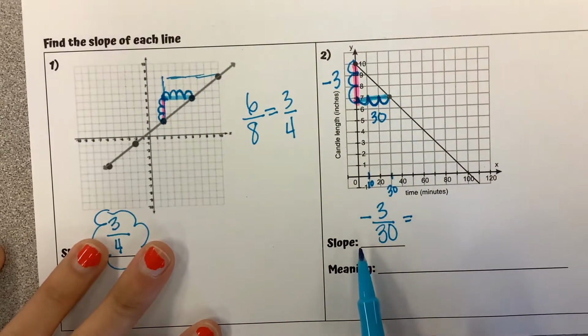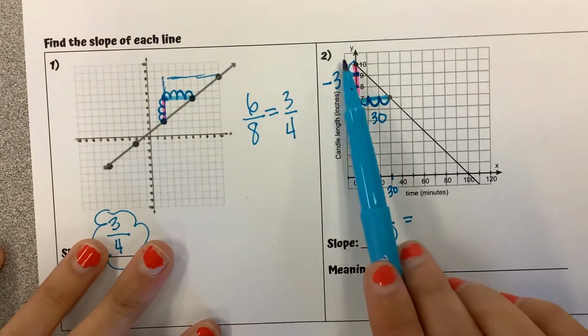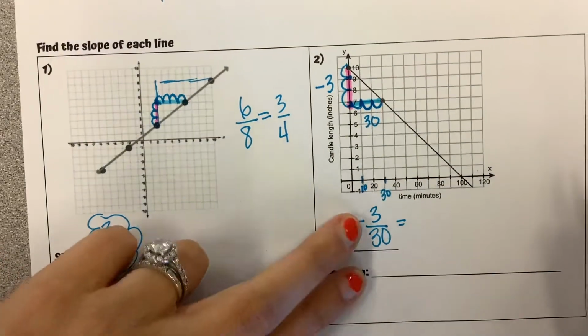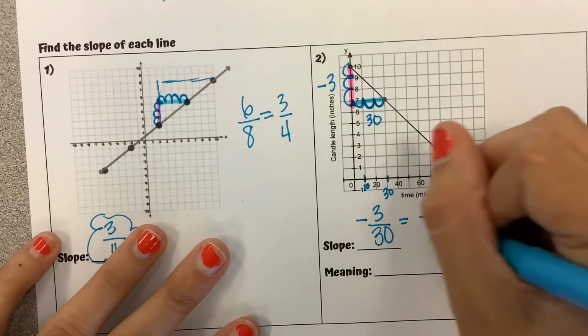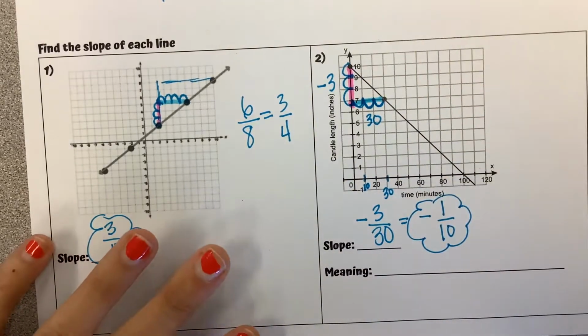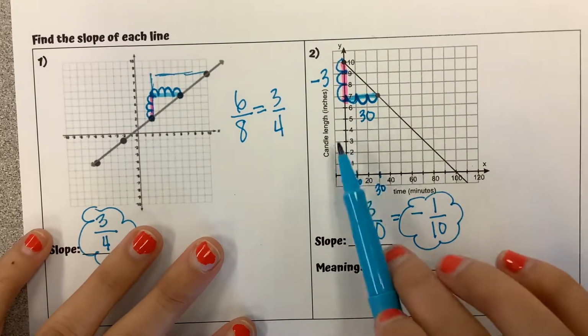And we're keeping this negative here because over here we had a positive slope. It's going up as you go to the right. Here it's going down. It's decreasing. That's a negative slope. 3 and 30 divide by 3. So this becomes -1 over 10. And then for our meaning, we have to look at our units.